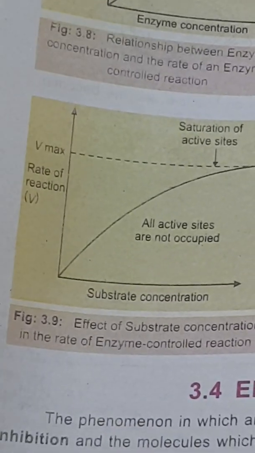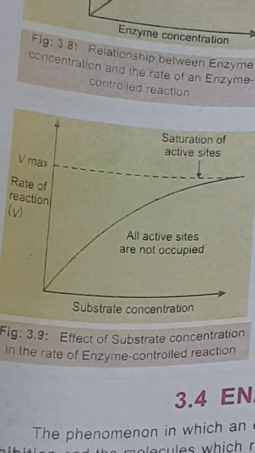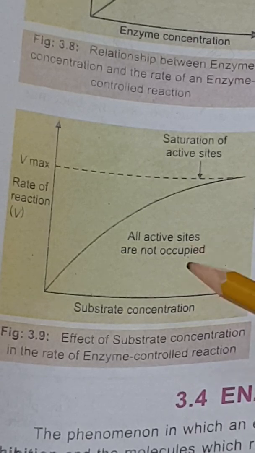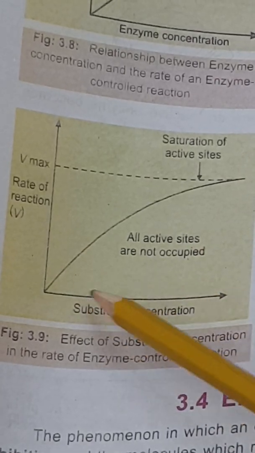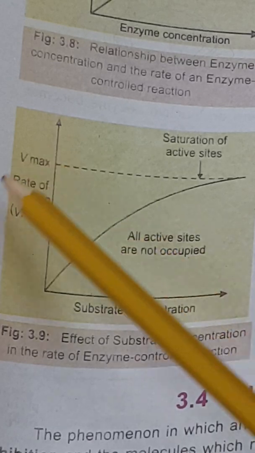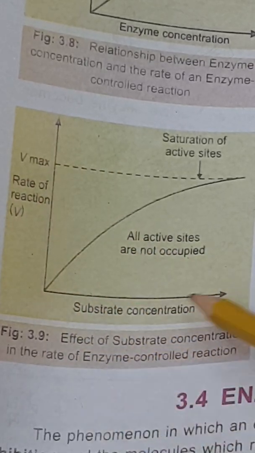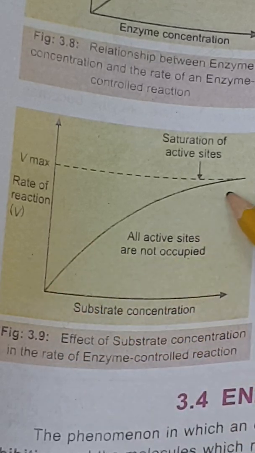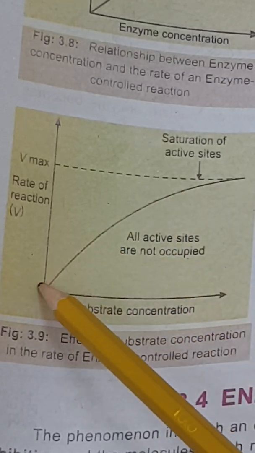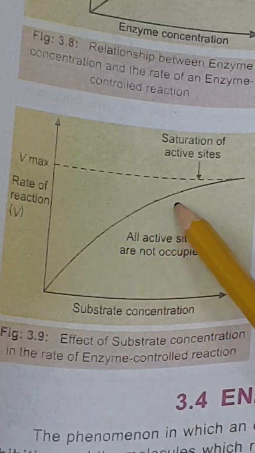The last factor that affects the enzyme activity, or enzyme catalyzed reaction, is the substrate concentration. When the amount of enzyme is kept constant and the amount of substrate is increased, at first in the chemical reaction we will get more product.